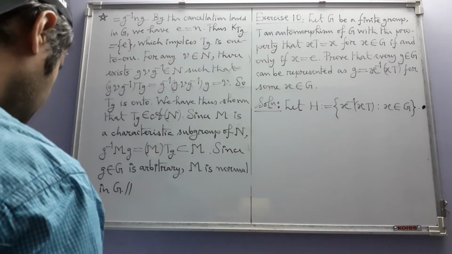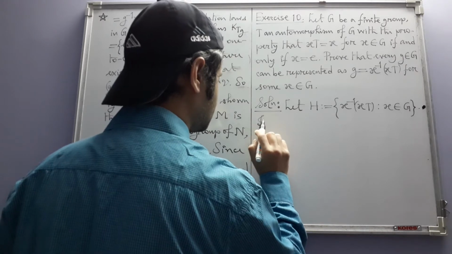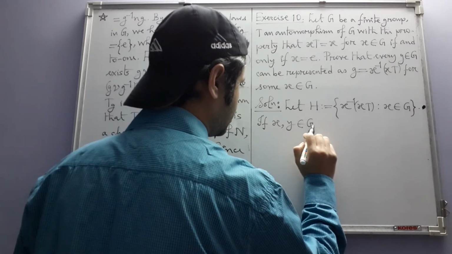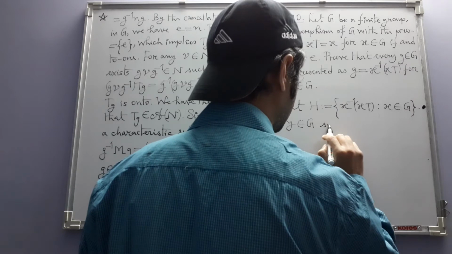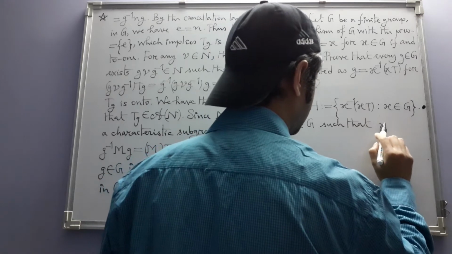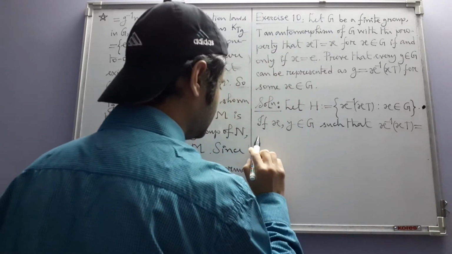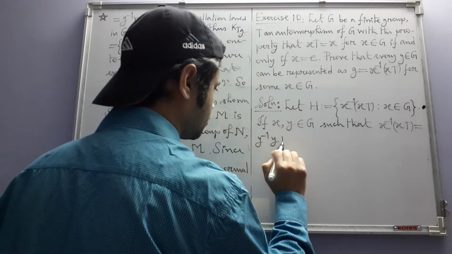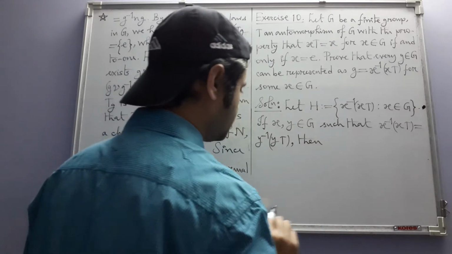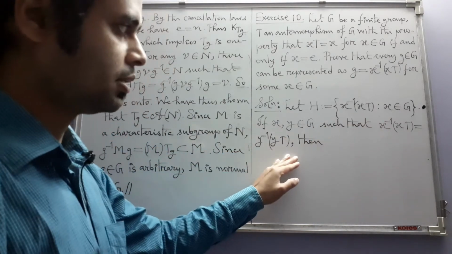Now if x and y are elements in G such that x inverse xT is equal to y inverse yT, then, okay, what do we get from this equation?